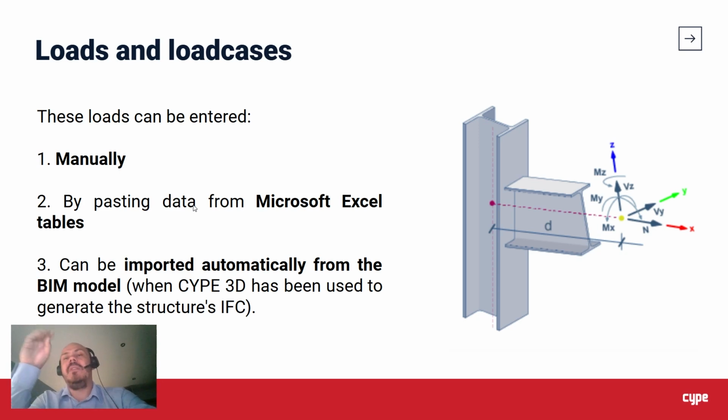For example, you can have a CSV with all these moments, shears, normal forces, and you can paste it in the software, or you can import these loads and load cases automatically from a BIM model if you are using Cype 3D, or from the XML file if you are using SAP 2000 or ETABS.